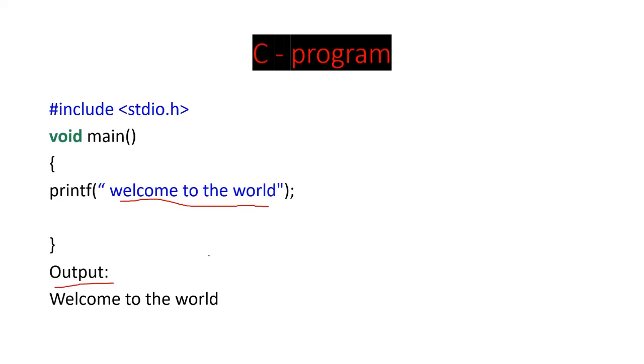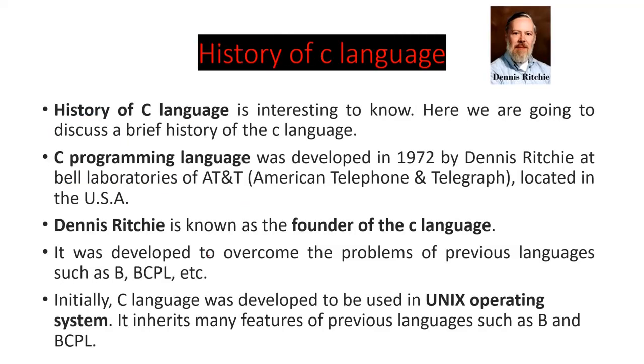So coming to the next point, history of C language. As we earlier discussed, C is a programming language. It was developed by Dennis Ritchie with his team in 1972 at Bell Laboratories in USA. Dennis Ritchie is also known as founder of C language because he developed it to overcome the previous languages such as B, BCPL, and ALGOL.